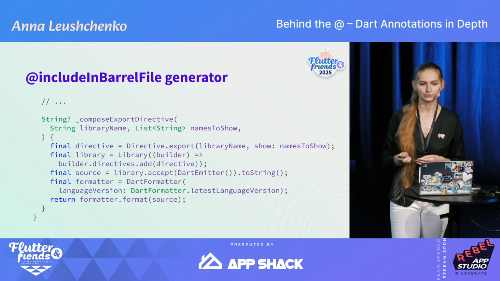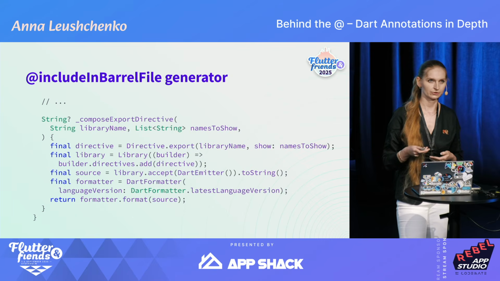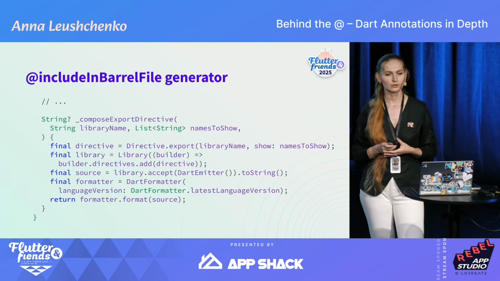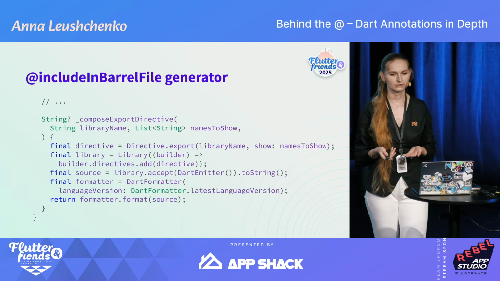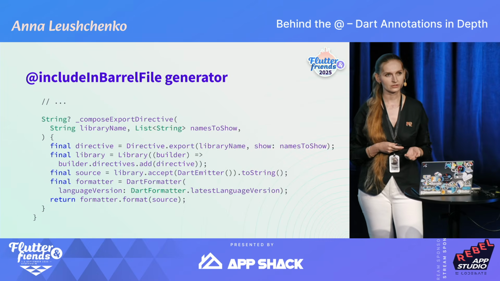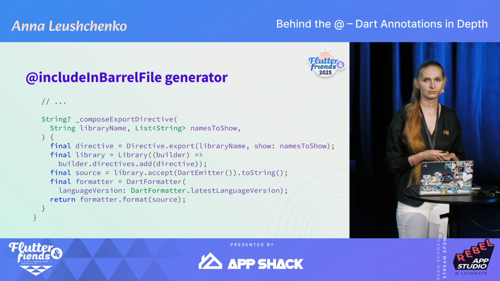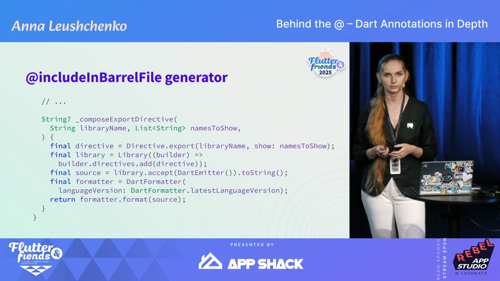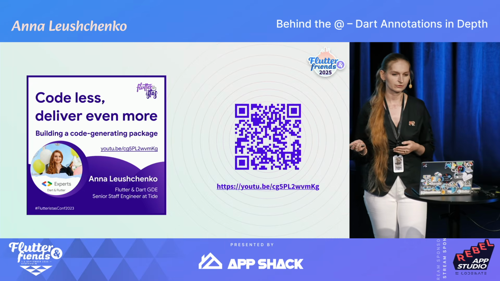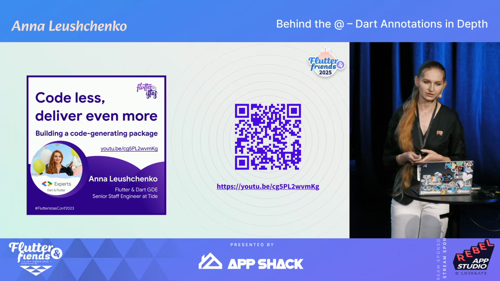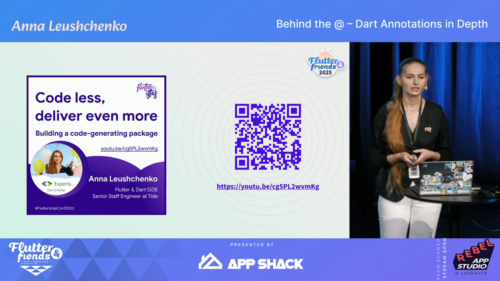This example is not full from the standpoint of creating a code generating package, but I hope it gives you the idea of how generators can rely on annotations and the Analyzer API to parse your input Dart code and produce the generated output. If you'd like to learn more about creating a code generating package, check out this recording.